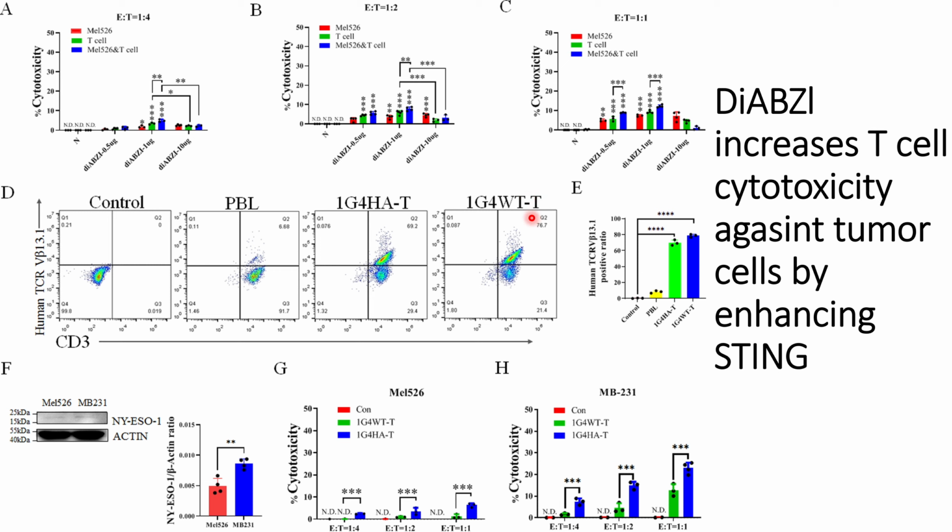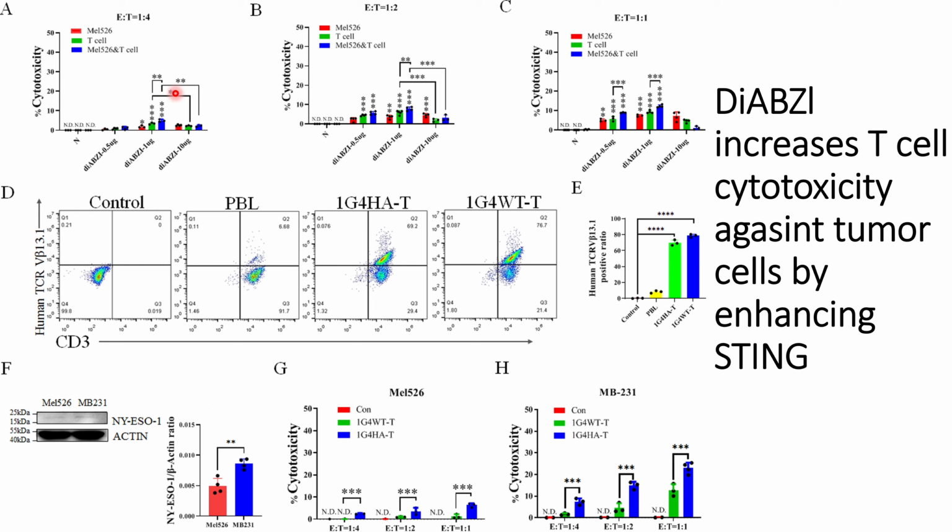The quantification of this lentivirus transduction is shown in this panel E, where we can see that the transduction of these T cell receptors is about 80%, and slightly more for the IG4 wild type.